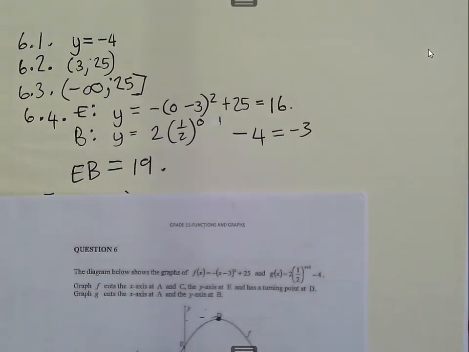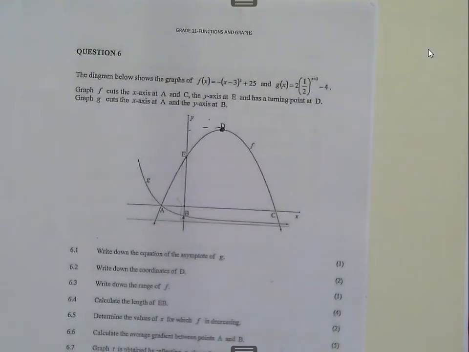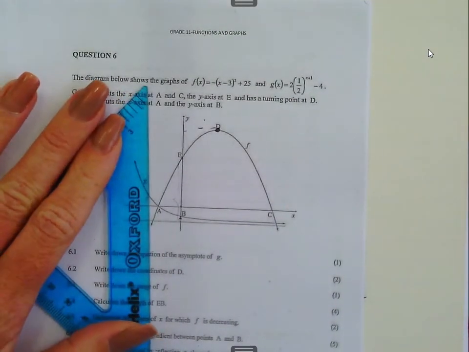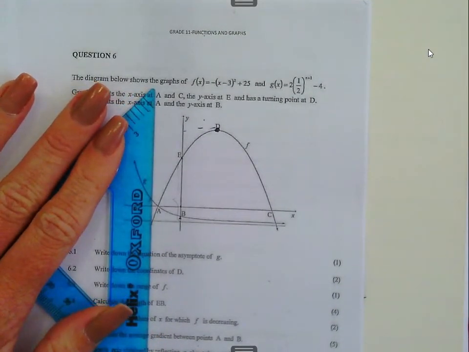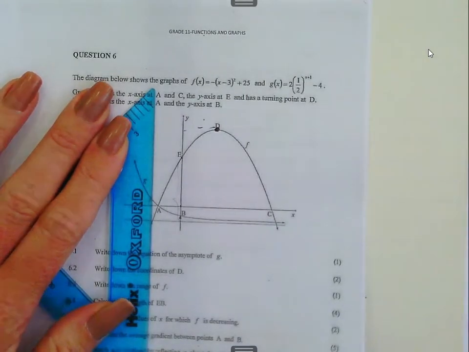Right, next, they're asking, determine the values of x for which f is decreasing. Now this is also a very common question. Now what we usually do is, we take our ruler. F is the quadratic function.